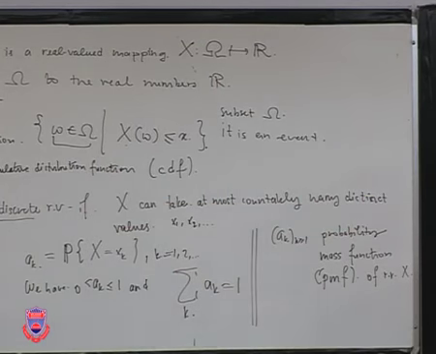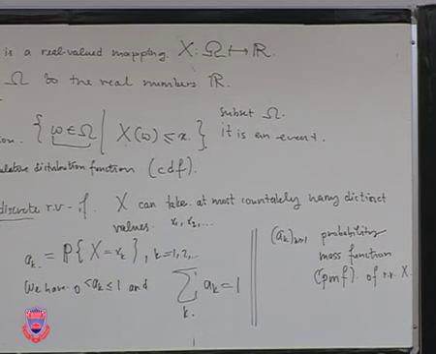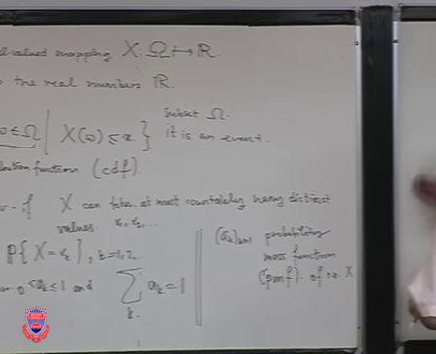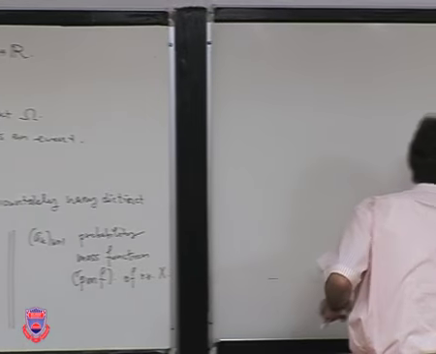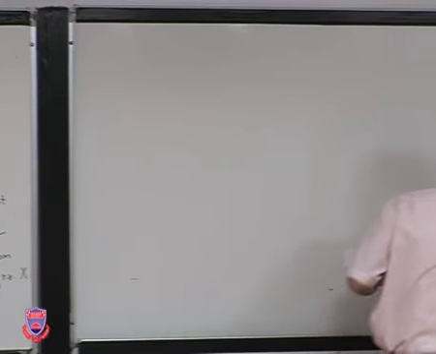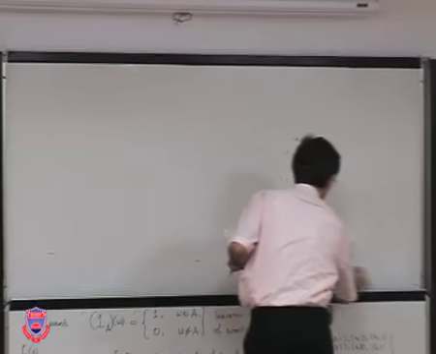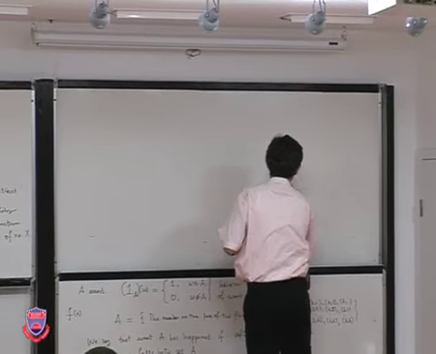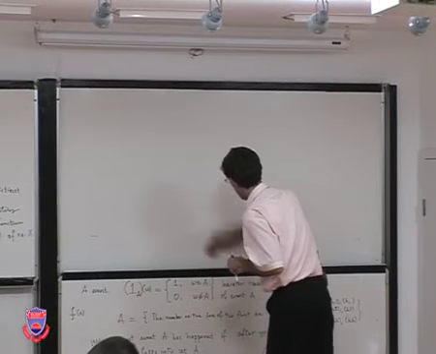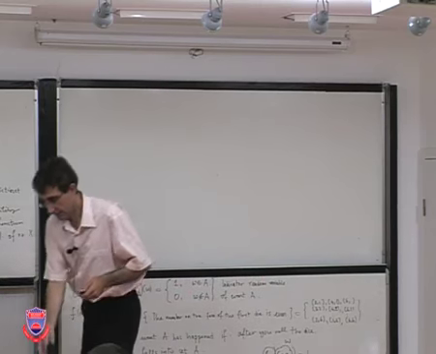And then we also have the so-called continuous random variables. And what is that?